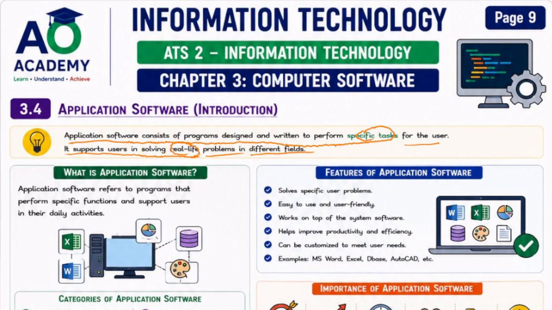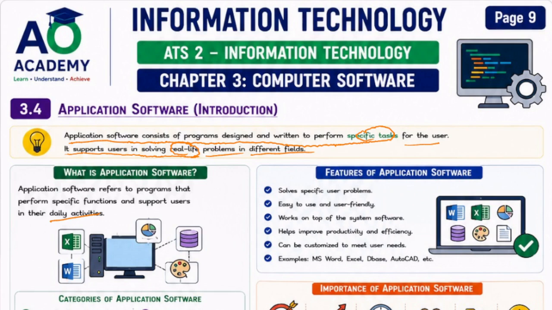So think of what you use every day: TikTok, WhatsApp, Instagram, your Facebook, your mobile apps, your bank apps, your gaming apps, your reading apps like WPS, like Adobe Acrobat, and many more are all application softwares.